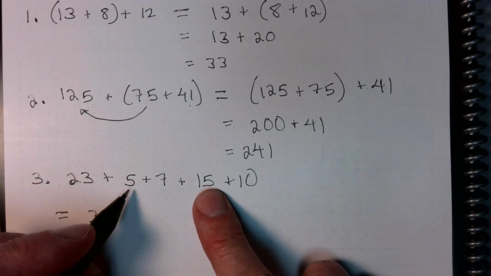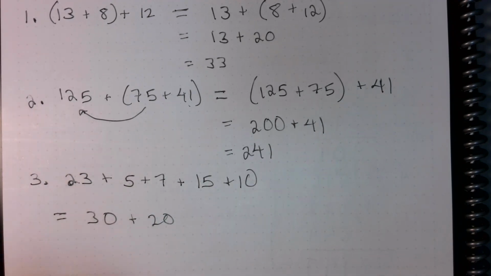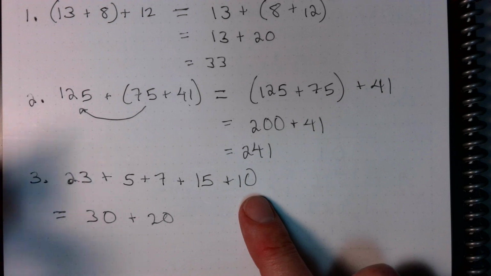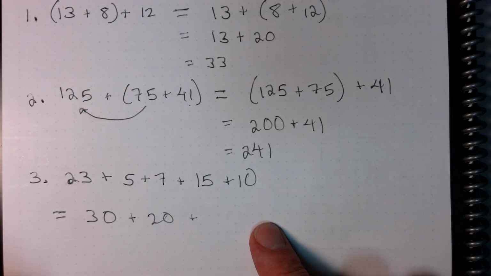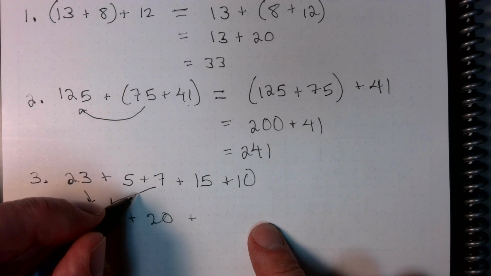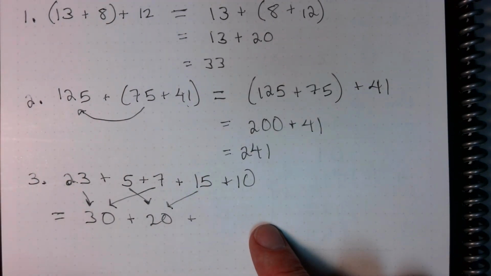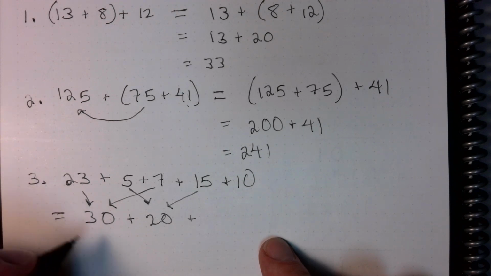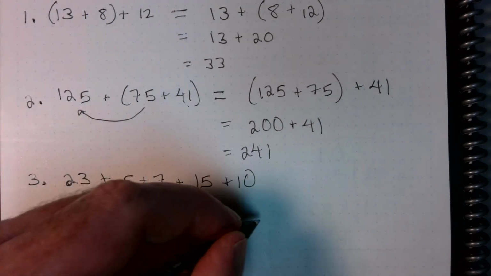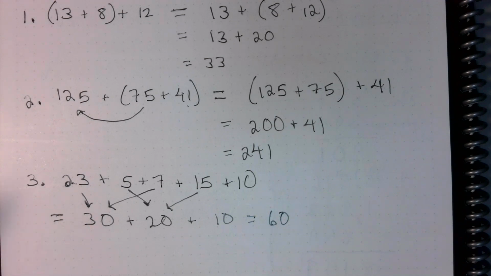And here, notice 5 and the 15, that makes a 20. And the 7 and the 10, okay, that's just 17. Oh, wait, no, sorry, the 7's already gone. Right, those guys were together over there. These guys were together over here. I'll put some arrows in there to kind of make it clear what my thinking was. And then we got a 10. So add those together, and your resulting sum is 60.